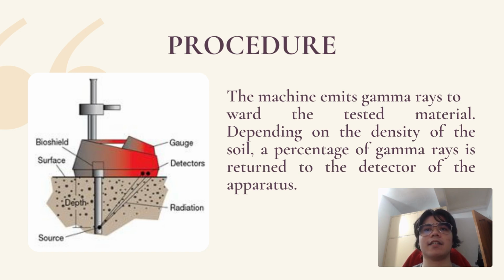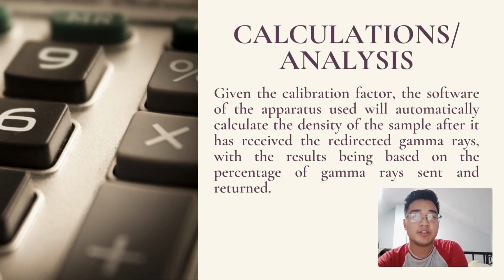Samples with a higher density give higher chances of redirecting gamma rays back to the sensor of the machine. Given the calibration factor, the software of the apparatus will automatically calculate the density of the sample after it has received the redirected gamma rays, with the results being based on the percentage of gamma rays sent and returned.